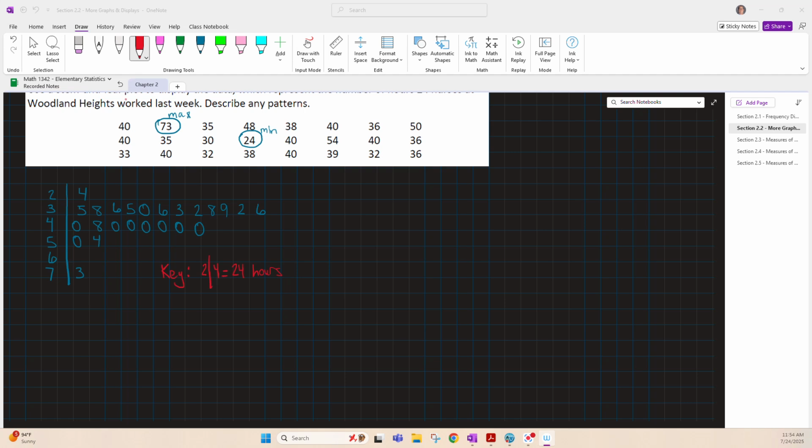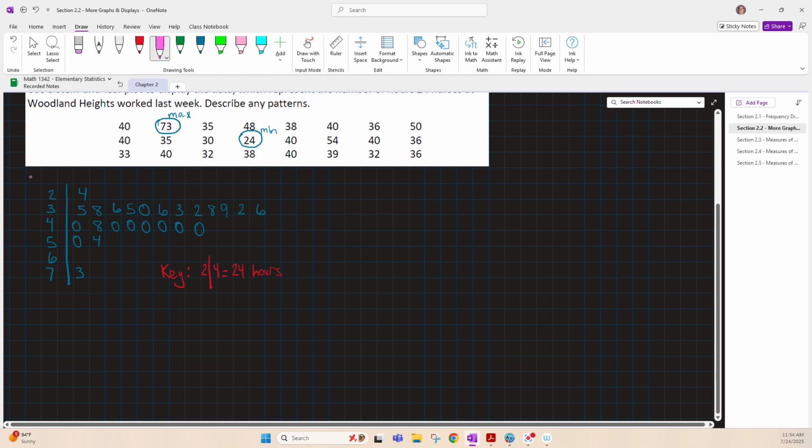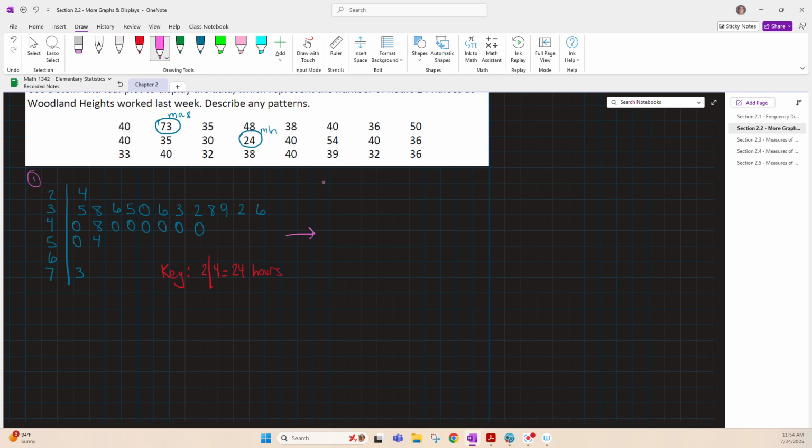We're not quite done. So this is like the first step, just getting them in there. I like to call this get them in there.